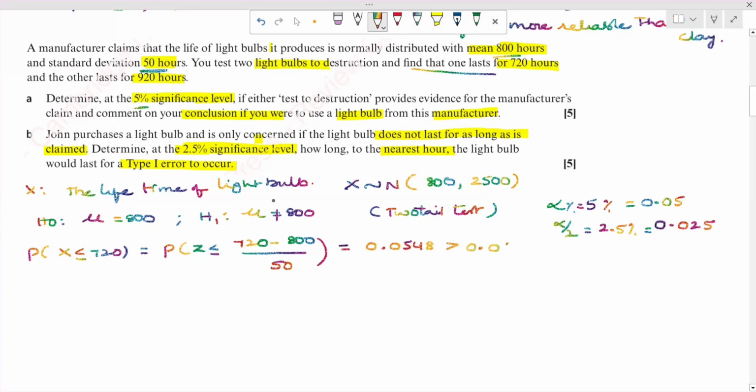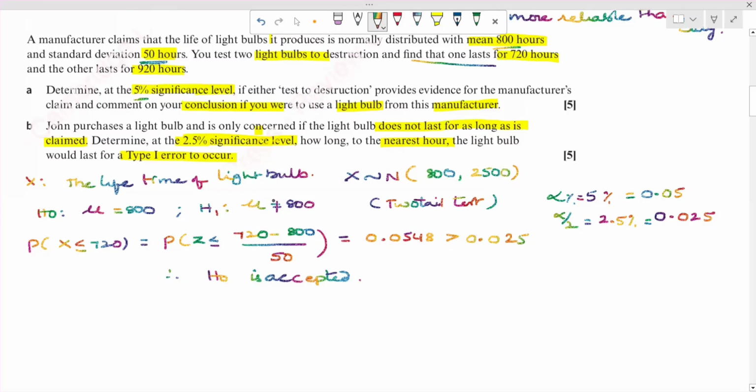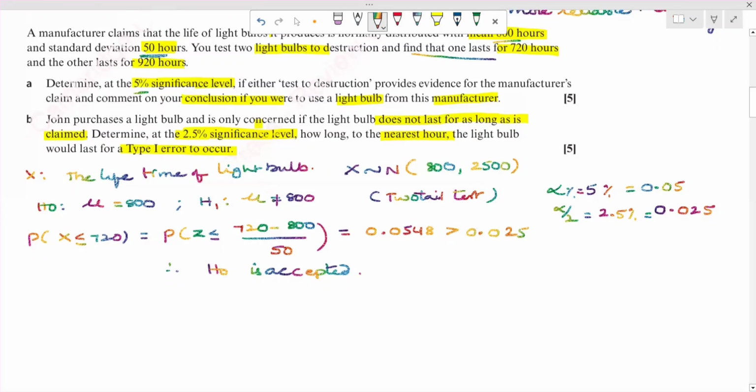If it is greater than 0.025, we can say that the null hypothesis is accepted. So H naught is accepted. Now what is the meaning of that? If it is accepted, write the statement: the bulb does not last shorter than the expected one.